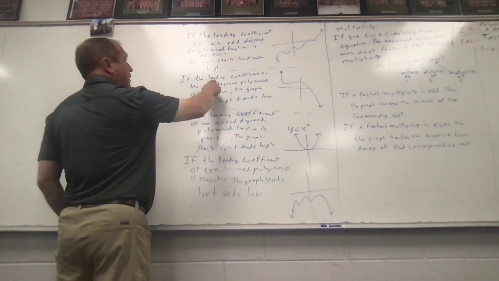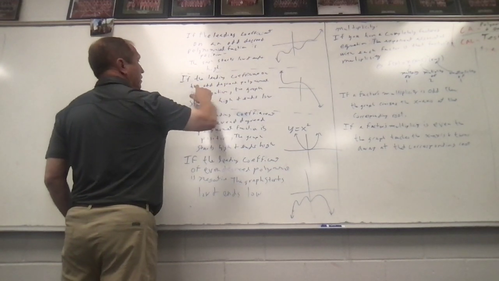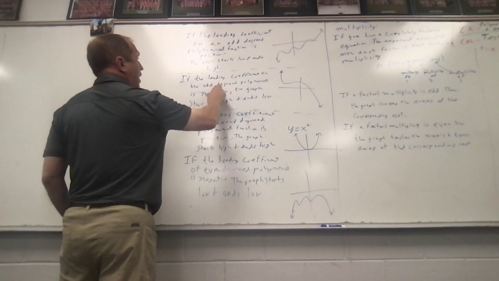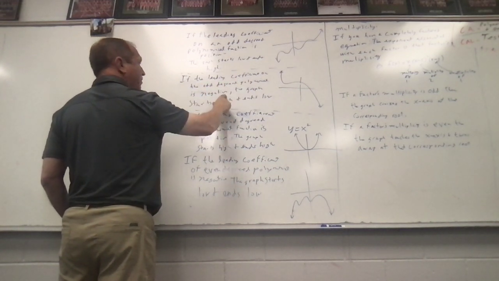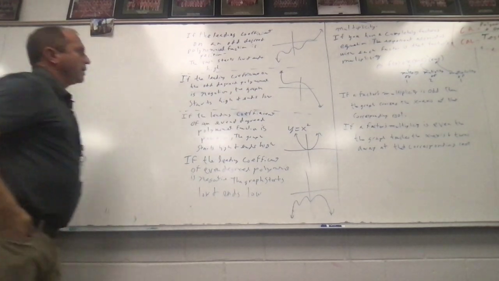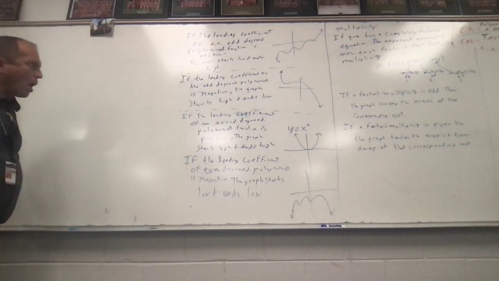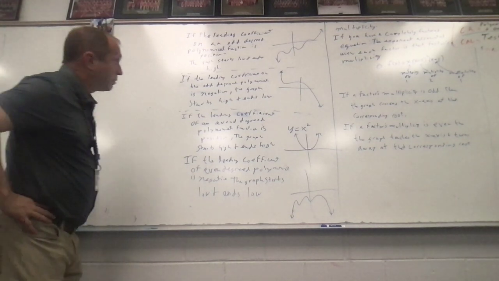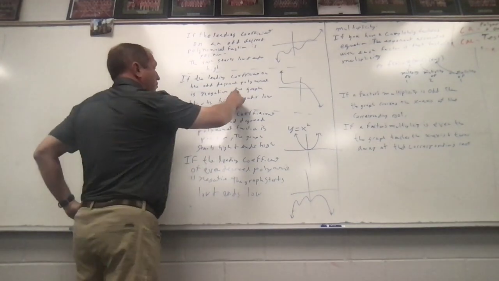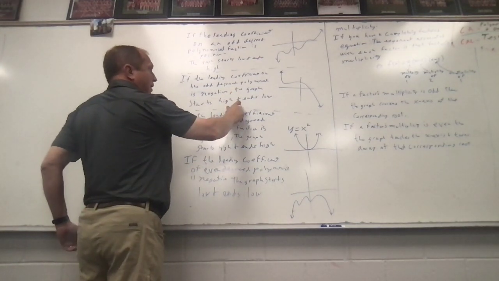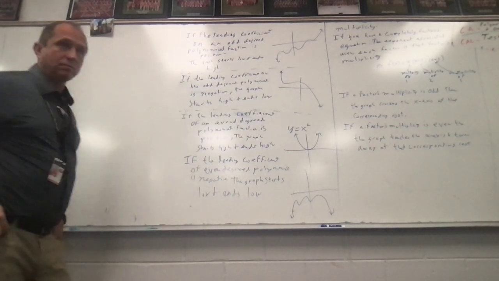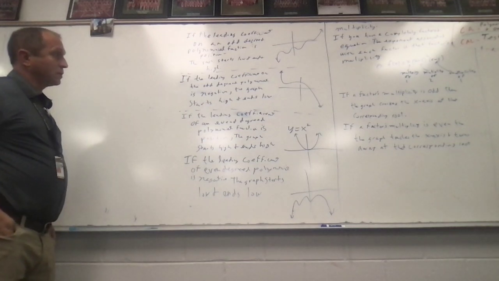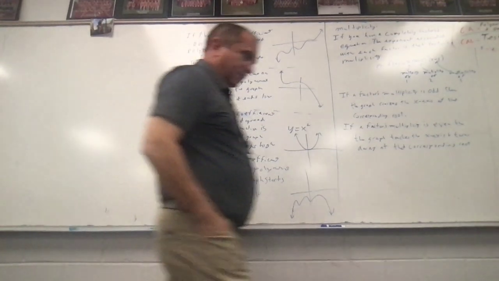If the leading coefficient on an odd-degree polynomial is negative, the graph starts high and ends low. So again, this is the end behavior.